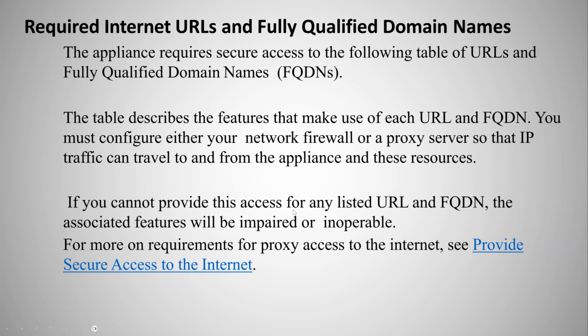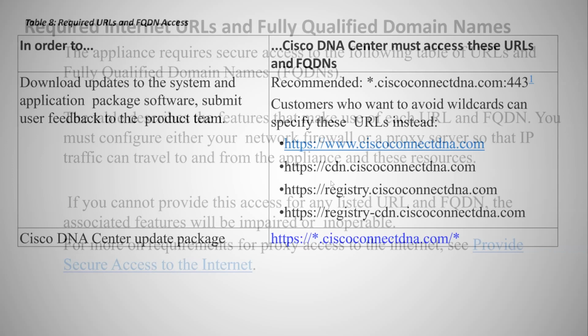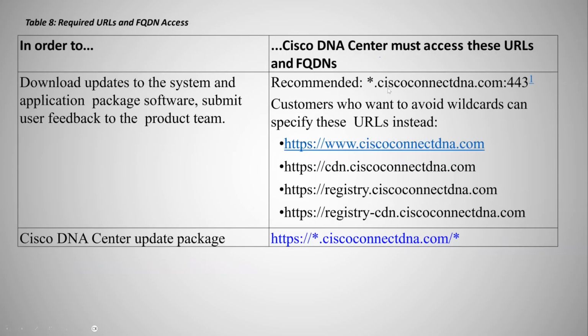Before power on the device, Cisco will recommend you that since one of your ports is the cloud port, you should allow these URLs. You can see the list of URLs, Cisco Connect DNA.com, Cisco Connect DNA CDN registry, etc. Why? Because these are the places from where DNA can go and get the patches and updates.